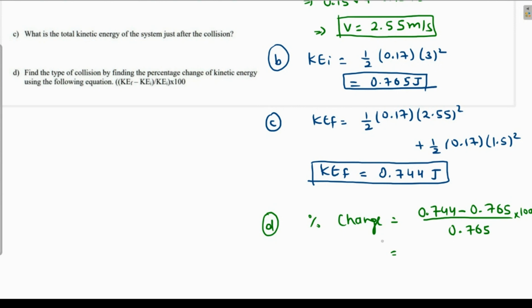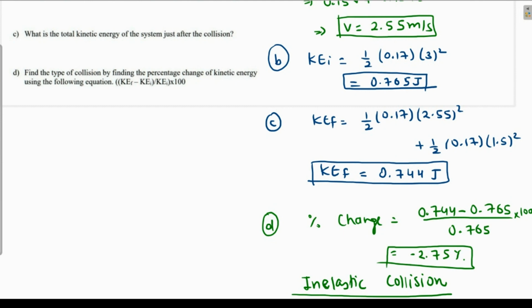So this is coming as negative 2.75 percent. And negative means it's a decrease, right? And hence this is an inelastic collision. It is not perfectly inelastic because the objects do not stick together. It is just an inelastic collision because the kinetic energy is not conserved. If it was conserved, it would have been an elastic collision.